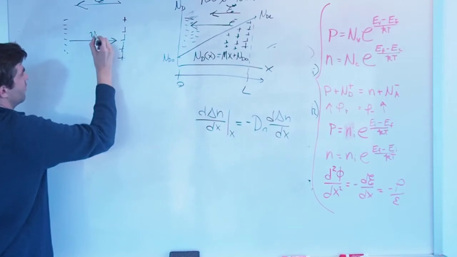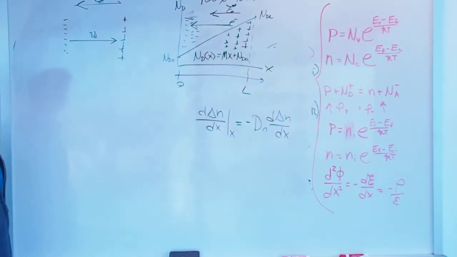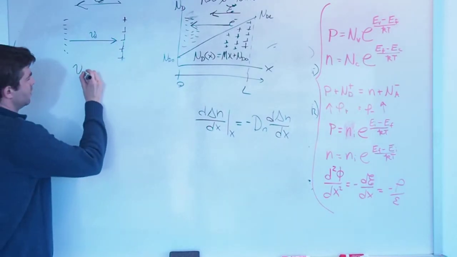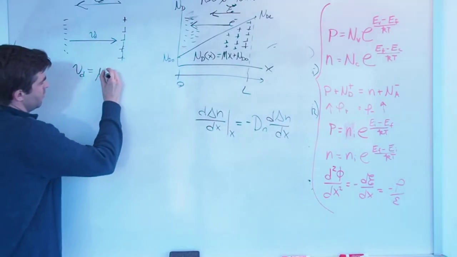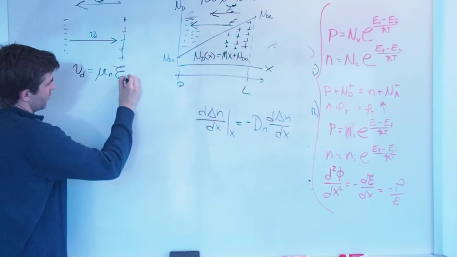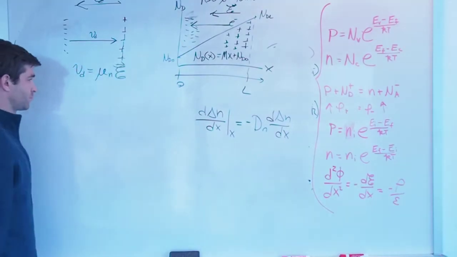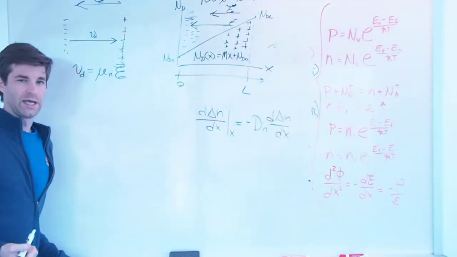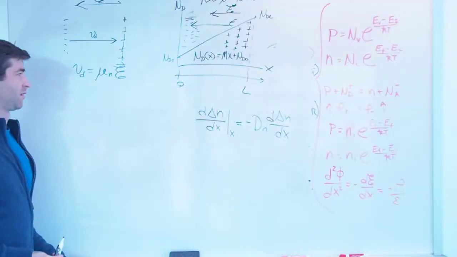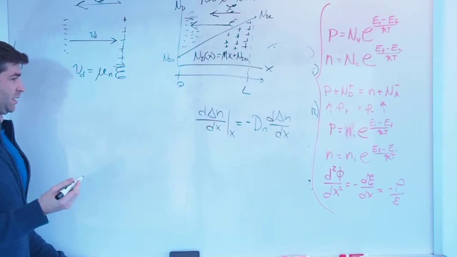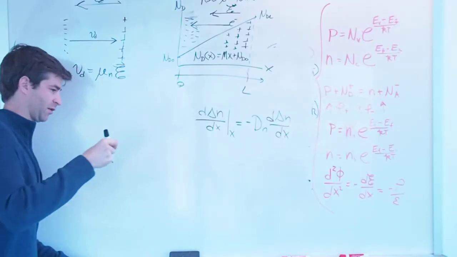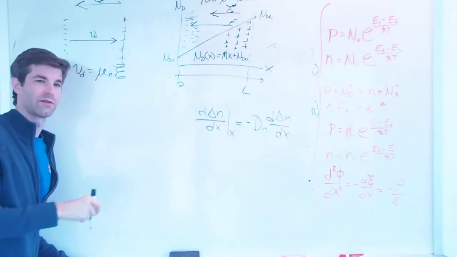by some drift velocity Vd, right? And that Vd is equal to mu sub n times the electric field. Mu sub n is called the mobility, and we'll get into that in a little bit. It's basically a number that expresses how well an electron moves through a lattice.